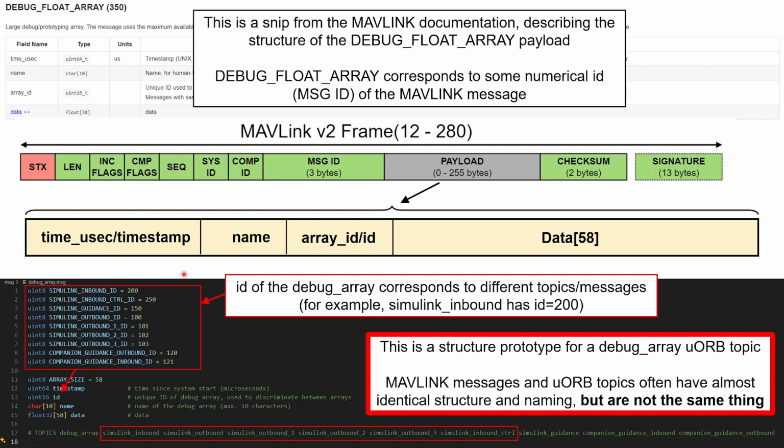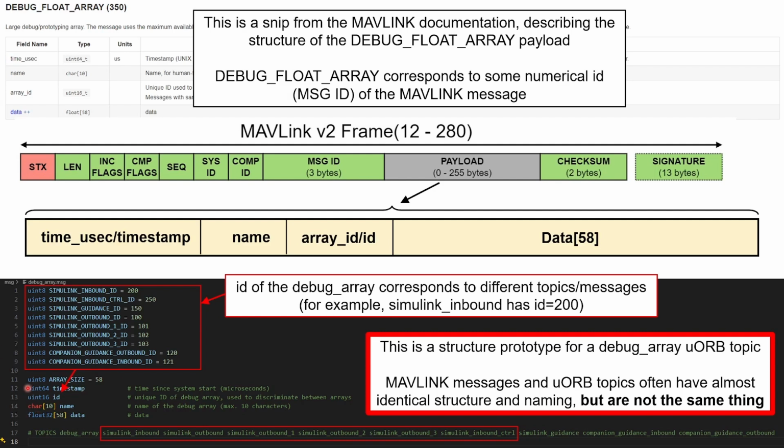It's not an end file, but it's basically a prototype that declares all of the entries of this data structure. And as you can see, if you ignore these for now, on the bottom, it has the same or similar fields to your debug float array Mavlink message.